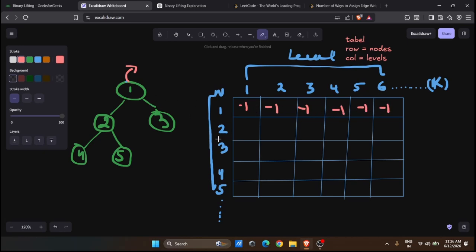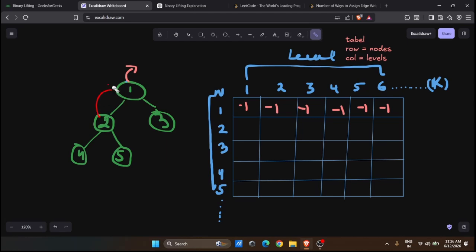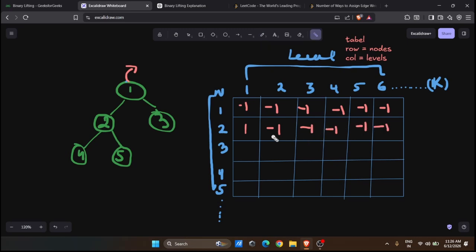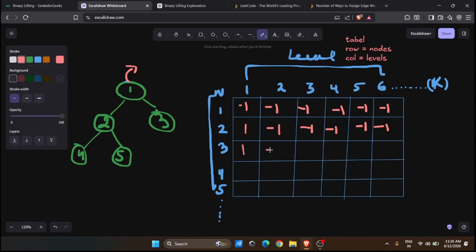And for 2, we can see its level 1 is 1, we insert 1 over here, and above it nothing is there. Same goes with 3, only level 1 is present, which is 1, and the rest are negative ones, because negative 1 shows that nothing is present over here.